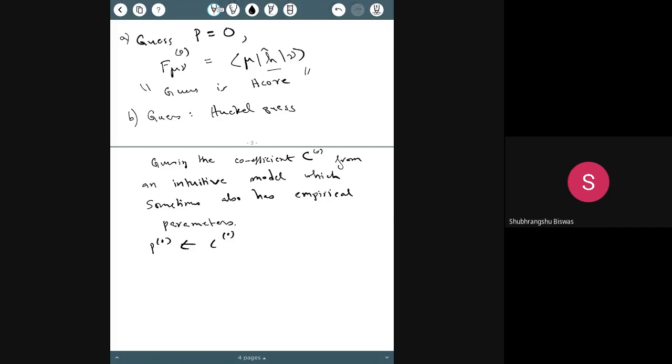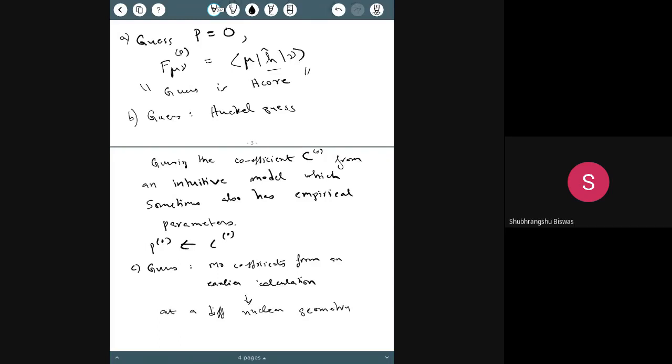You can also use as a guess the MO coefficients from an earlier calculation. So an earlier calculation meaning what? Maybe it can be a calculation at a different nuclear geometry.